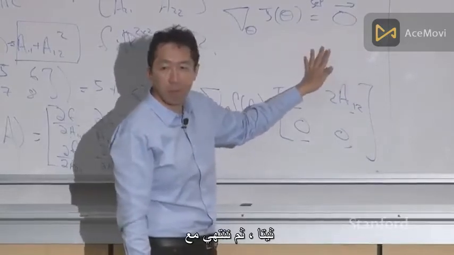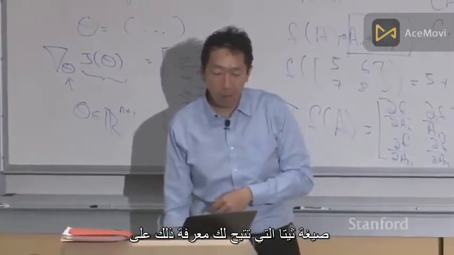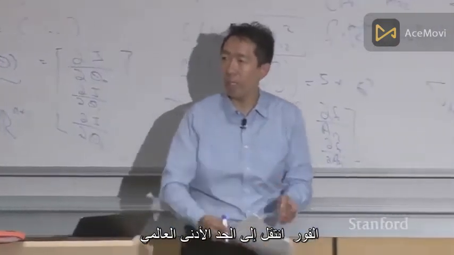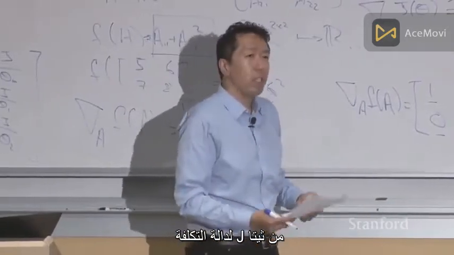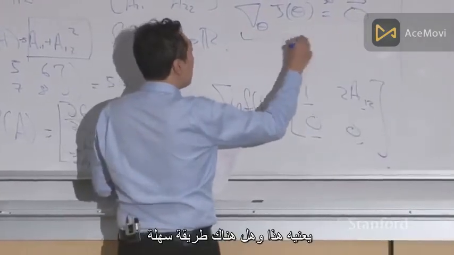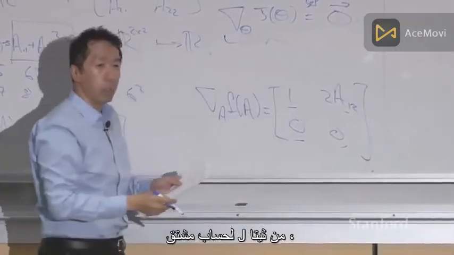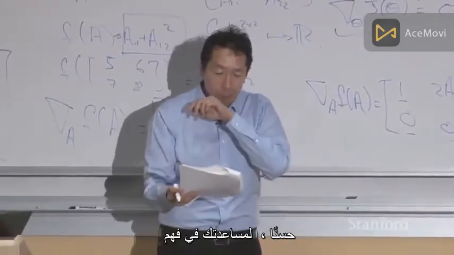Then we'll end up with a formula for theta that lets you immediately go to the global minimum of the cost function J of theta. A lot of the build-up in this notation is about what this means and whether there is an easy way to compute the derivative of J of theta.